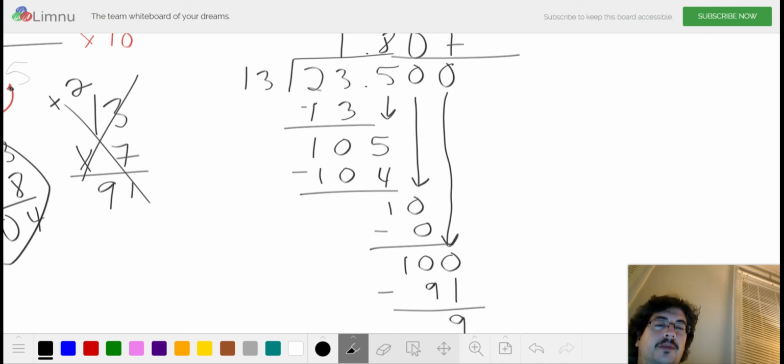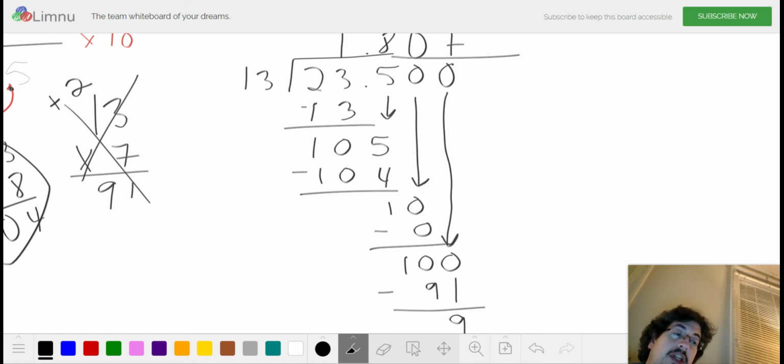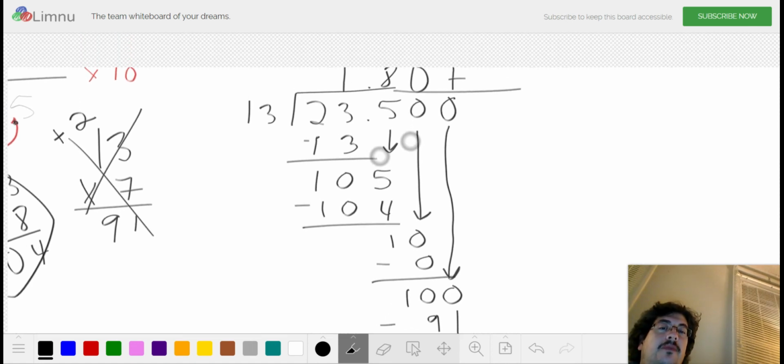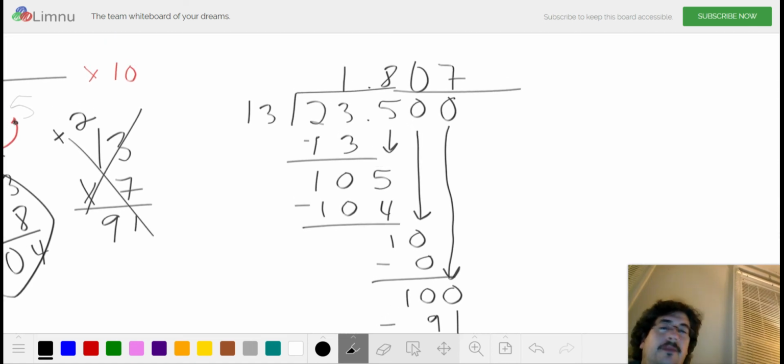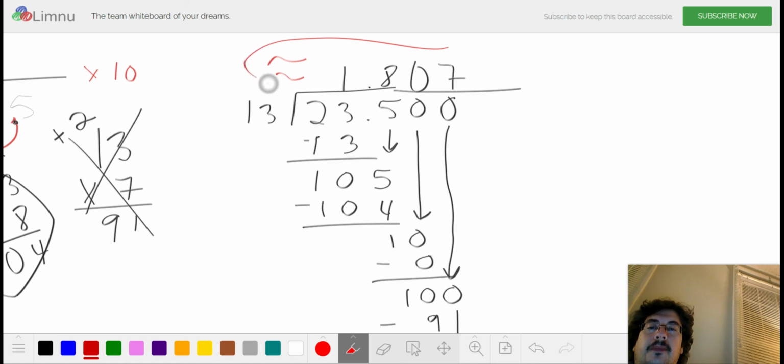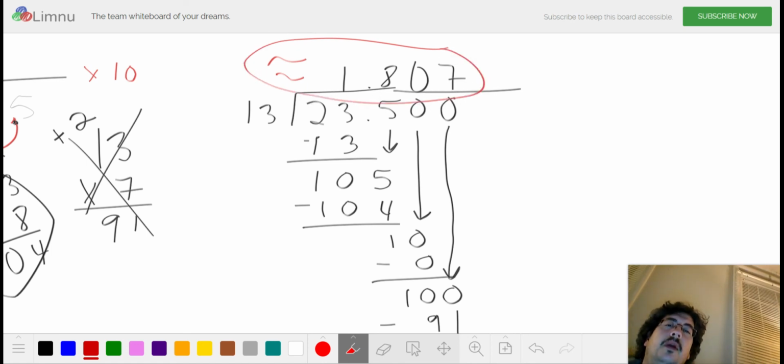And I have a couple options. I can continue dividing and maybe reach the end. Or if it seems like I'm just going to keep dividing forever, what I can do is I can write these approximation signs right here, or I guess I should say approximation sign.